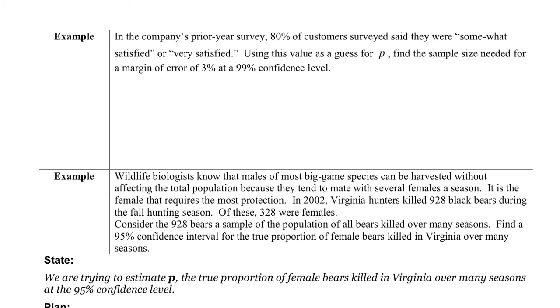The information on the previous page was all based on when p hat was unknown. Let's read through this one, and I'm going to show you that in this problem, p hat is known. When we dig into this problem, you'll see what we're talking about. It's right here. It asks for using this value as a guess for p.